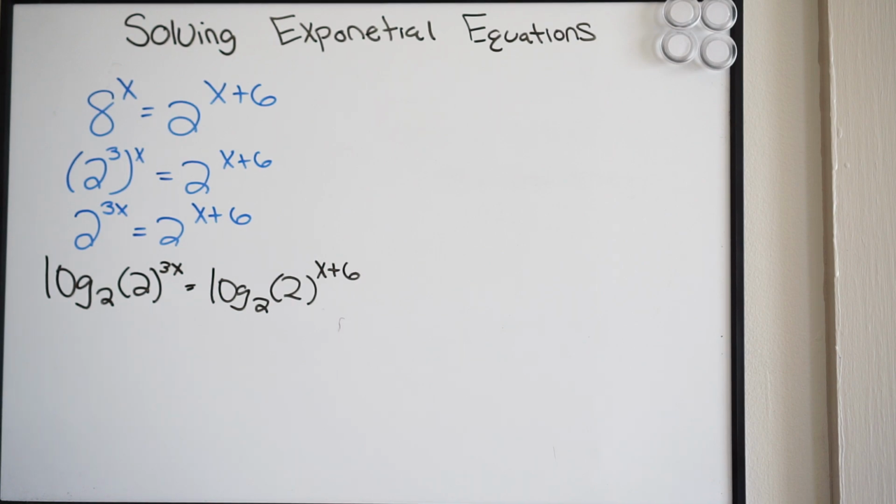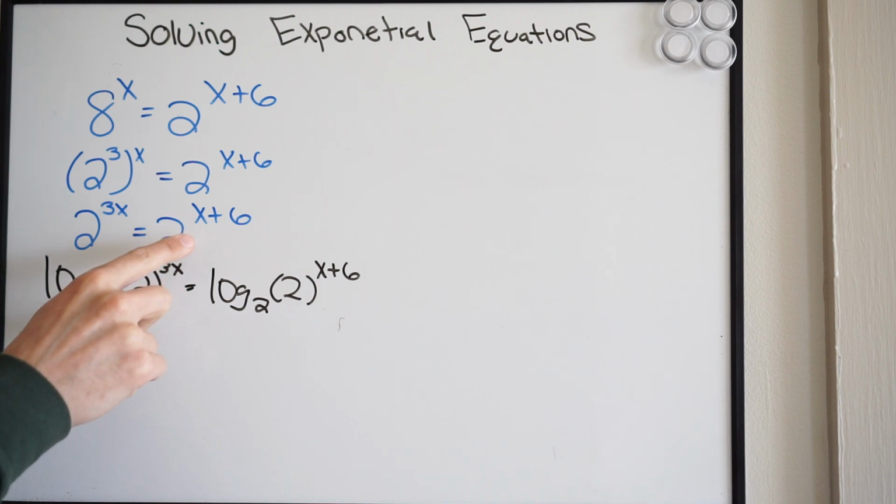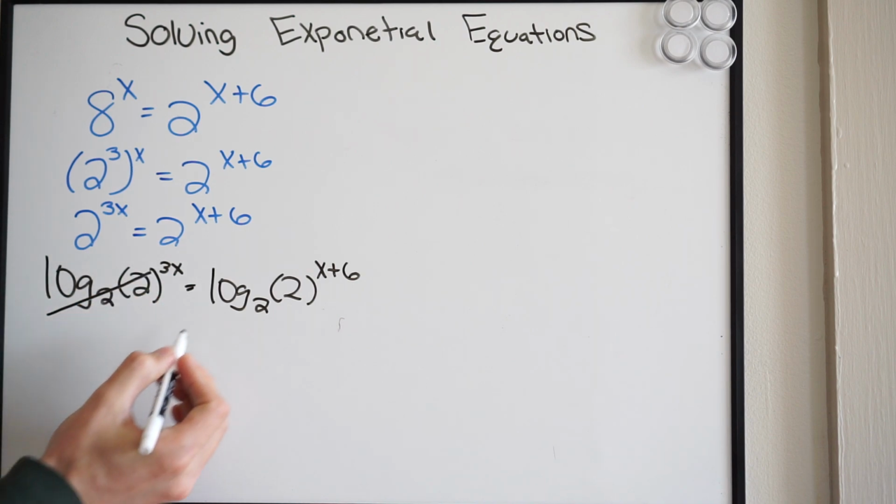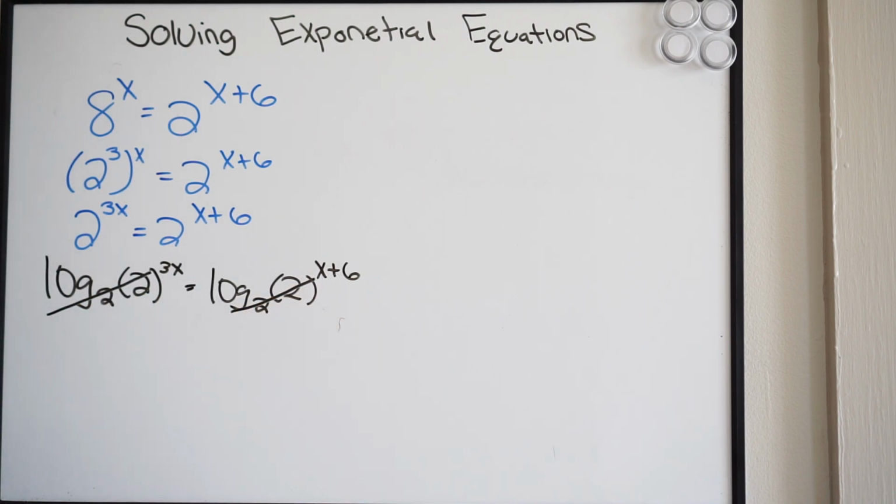We'll notice here that I'm dealing with a log of base 2, and I also have an exponent with a base of 2. So this is the inverse operation. They naturally undo each other. So these will naturally cancel out. Same thing, these will naturally cancel out, which is why we're left with just 3x equals x plus 6.